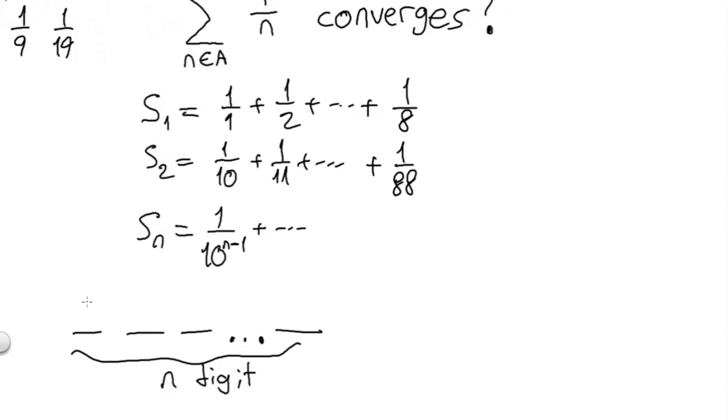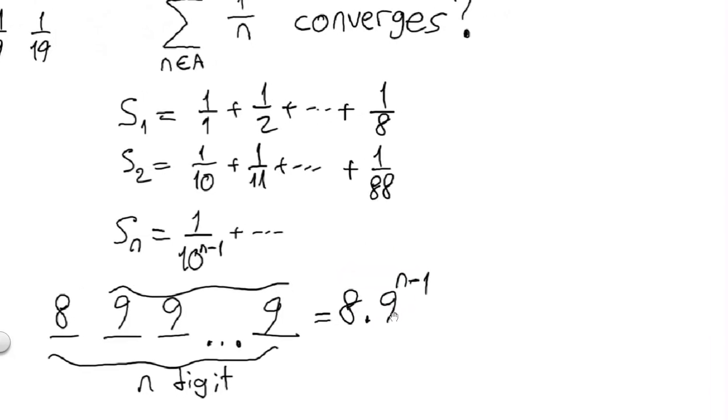The first digit can't be 9, but it also can't be 0, because then it wouldn't be n digits. So the first digit has 8 options, and all of the other digits can be anything except 9, so there are 9 options for each of the other ones. So the total number of terms in Sn is 8 times 9 to the n minus 1, since there are n minus 1 other digits.